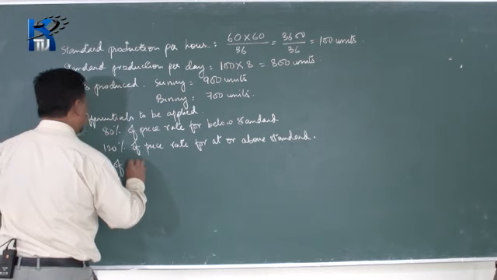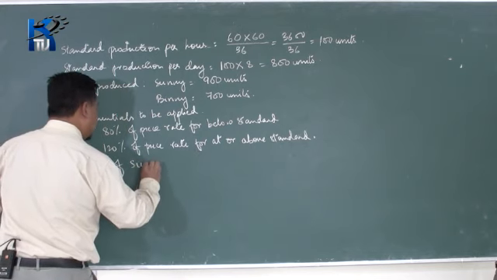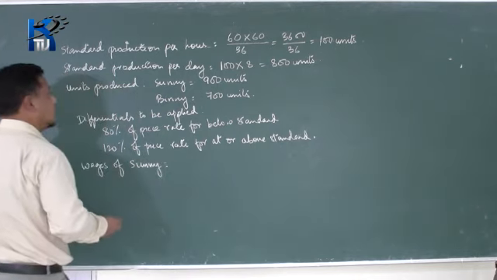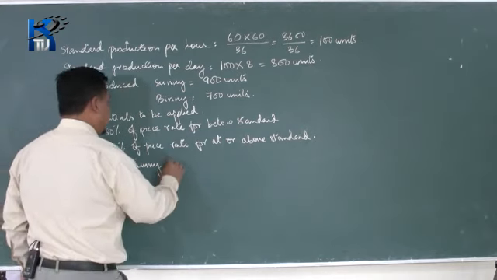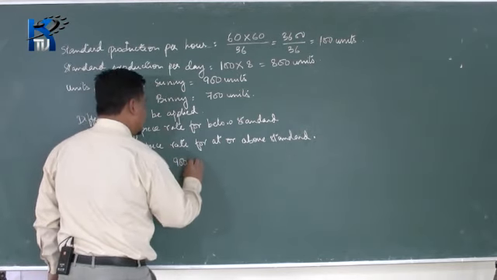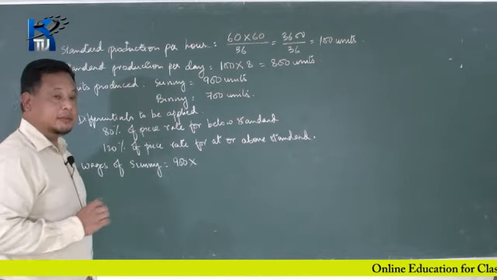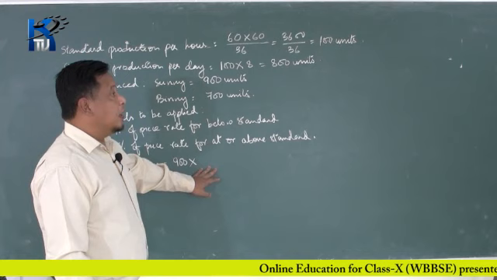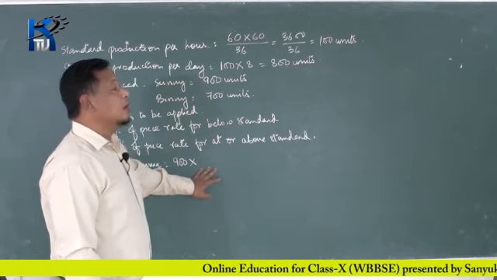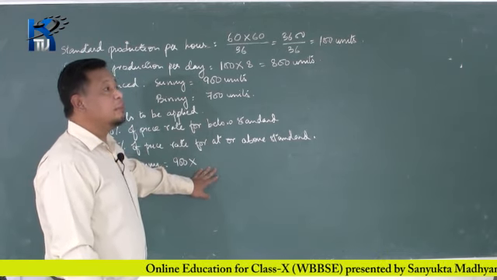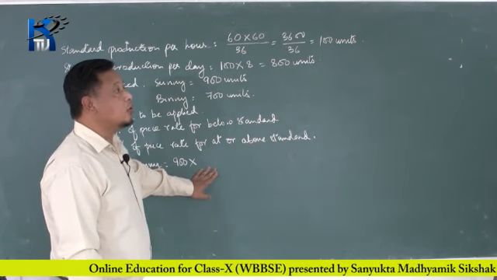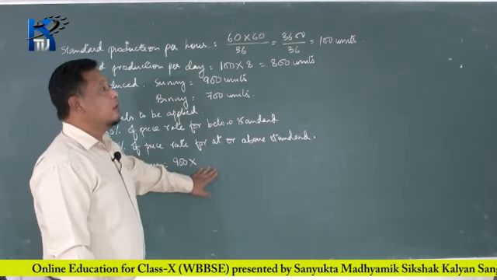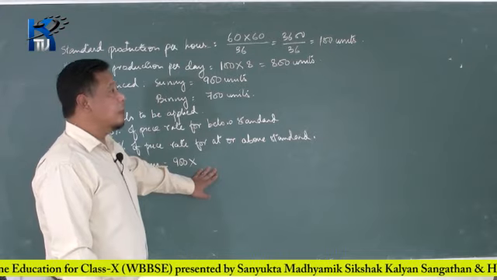Wages of Sunny equals 900 units multiplied by rate per unit. But if we look at the question, you will get normal rate per hour. So like in the last class also, we have to convert rate per hour into rate per unit.